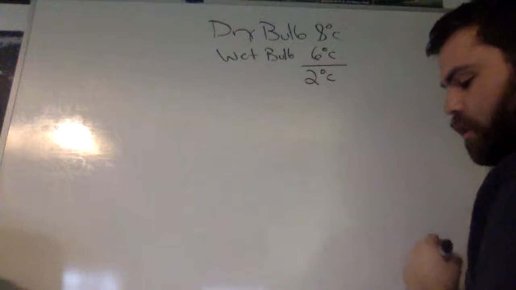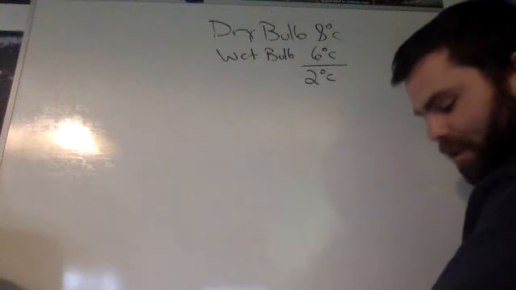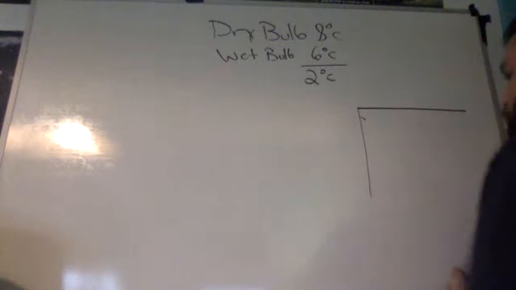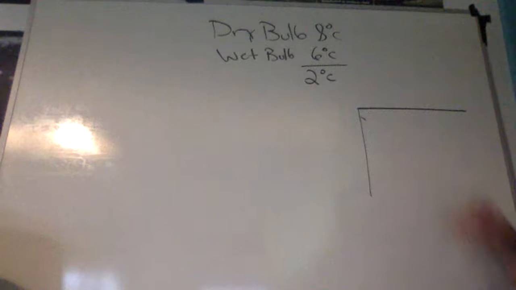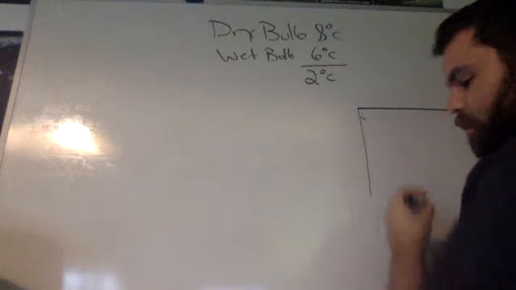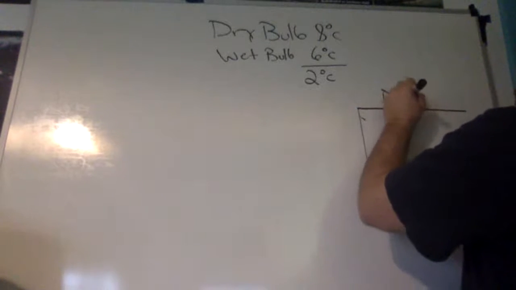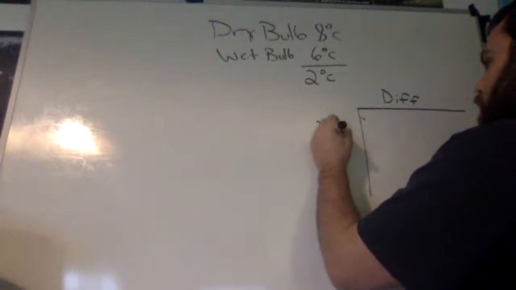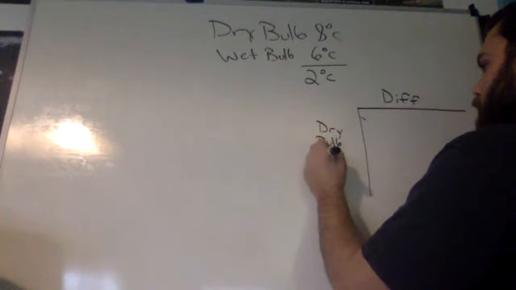Now you're going to go to page 12. It has two parts, with giant graphs like this. On the top it's the difference, and on the side it's the dry bulb temperature.